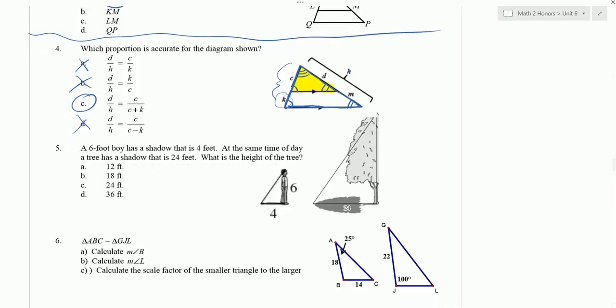Number 5. A 6-foot boy has a shadow that is 4 feet. At the same time of the day, a tree has a shadow that's 24 feet. What is the height of the tree? So these two triangles are proportional.